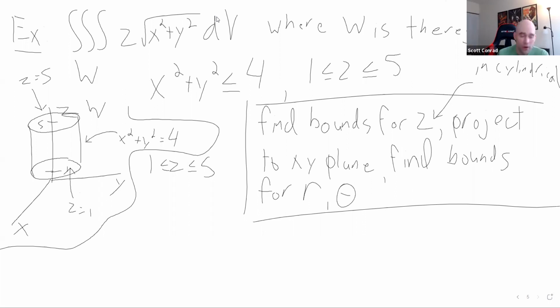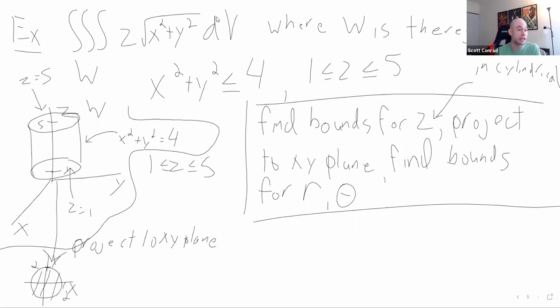Okay, so then for r and theta, we're going to project down to the xy plane. When we do that, we just have the circle x squared plus y squared equals 4, and everything inside of there.